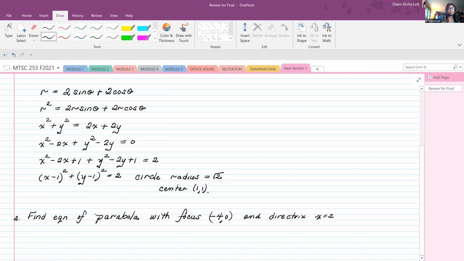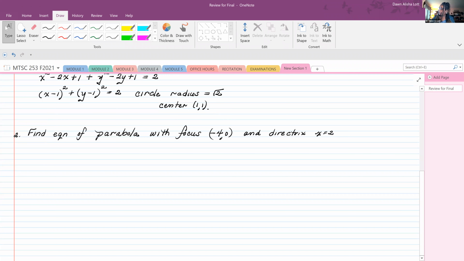Okay. So this is a parabola. The directrix is the line x equals 2. So this is the directrix.